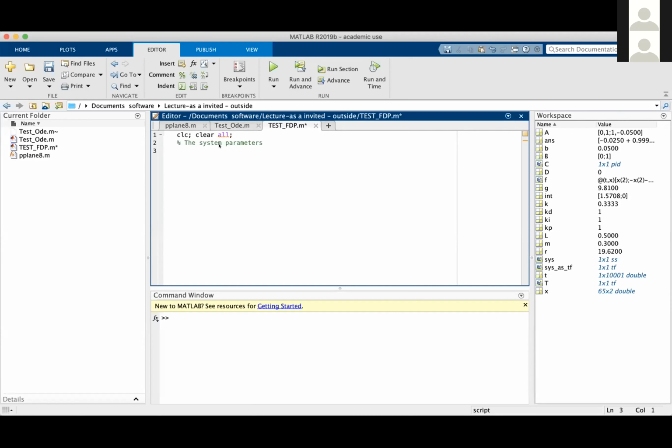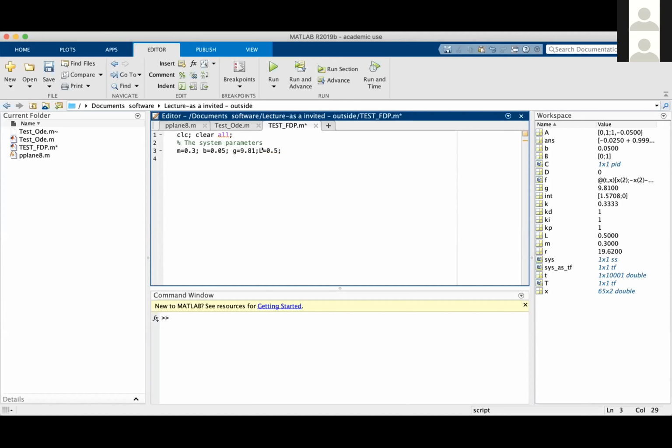Here I'll assume my mass is 0.3. The damping coefficient I'll assume 0.05, and g equal to 9.81. Also L equal to 0.5.